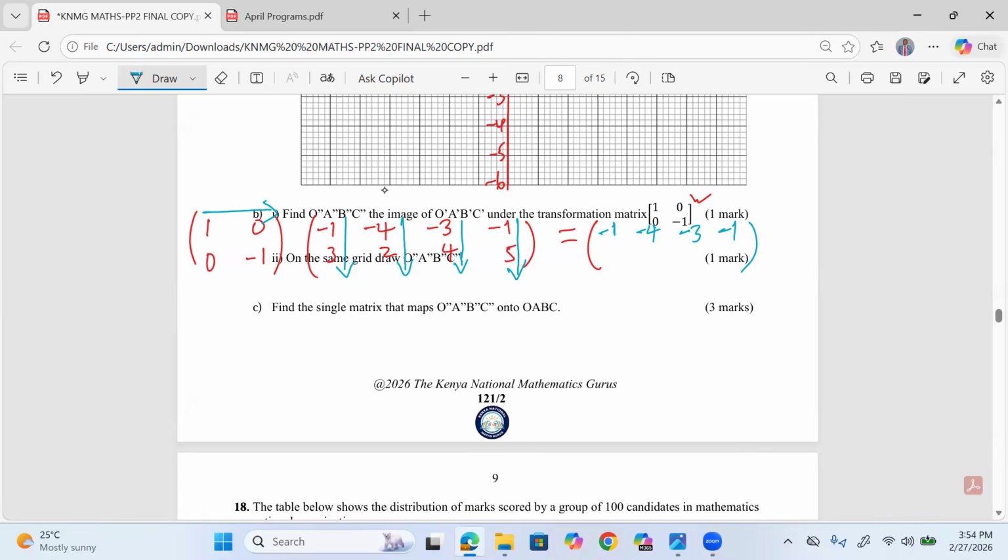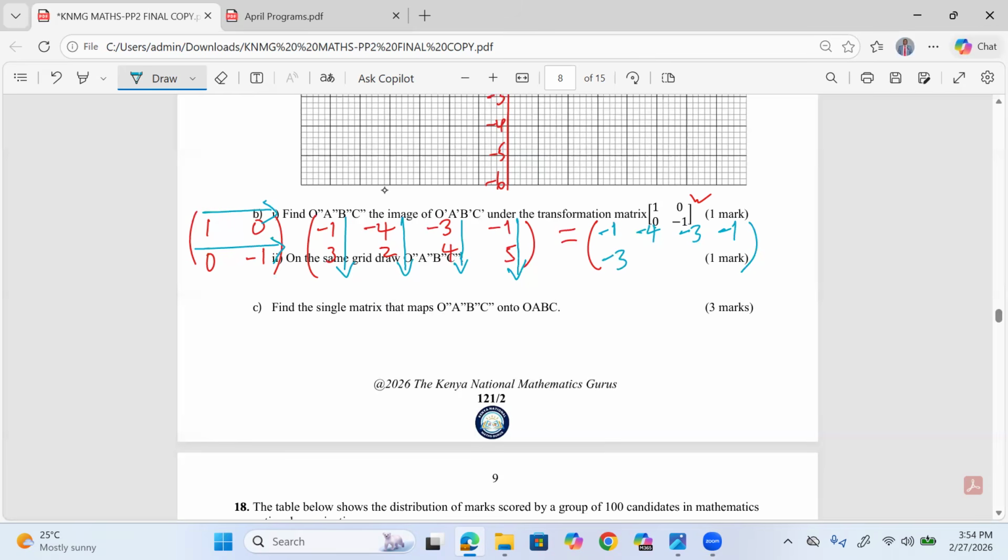The row that gives us the Y coordinates is the second row here. So now it will be the second row multiplied by the respective columns. We start 0 by -1, we get a 0. -1 by 3, we get a -3.